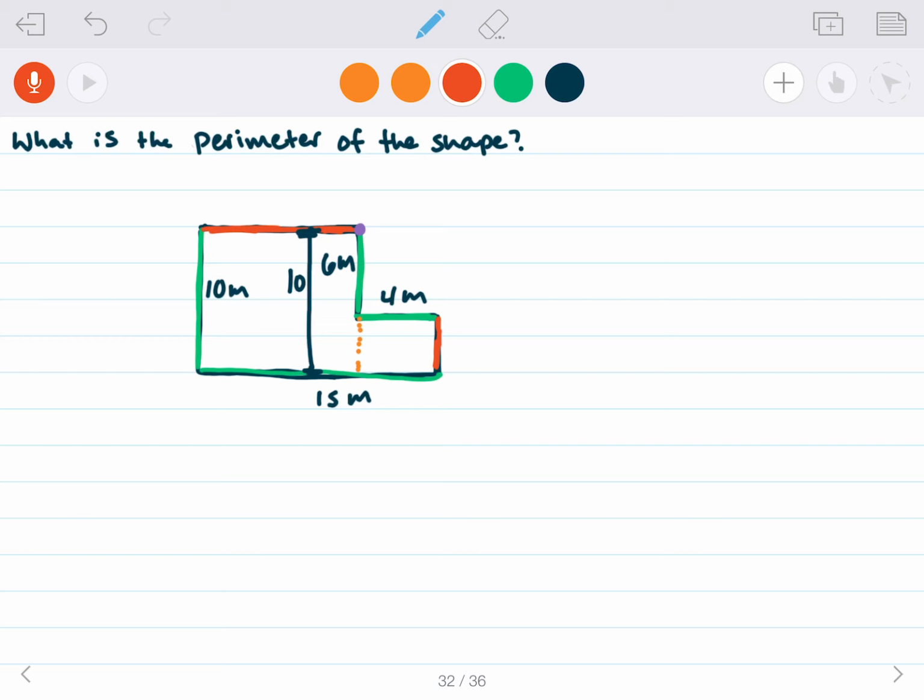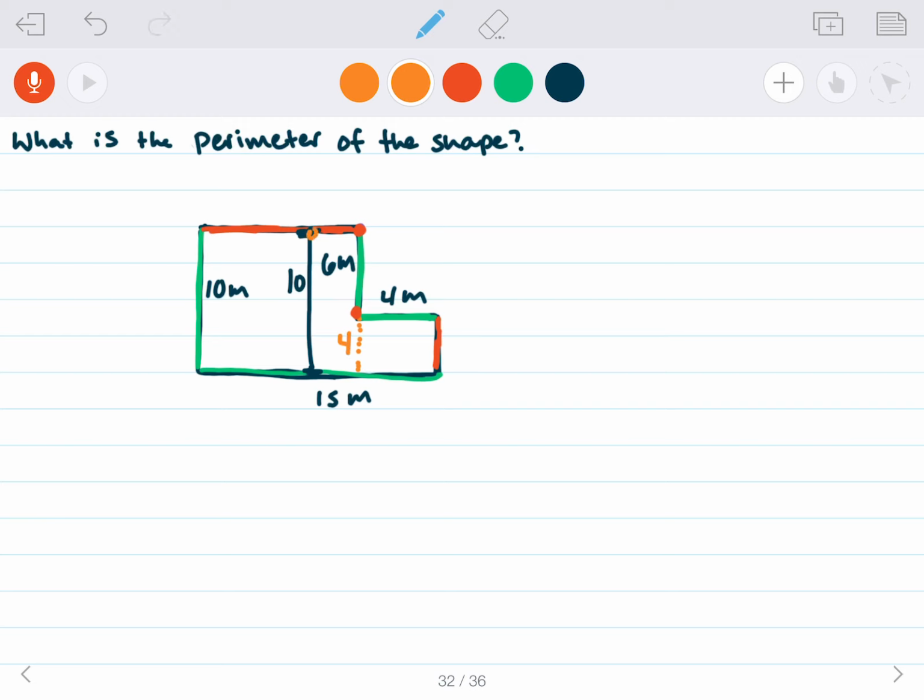But we also know that from the top to this point is 6. And so this little piece right here must be 10 minus 6, right? So 10 minus 6 is going to give us this little guy as 4. All right. So again, from top to bottom is 10.